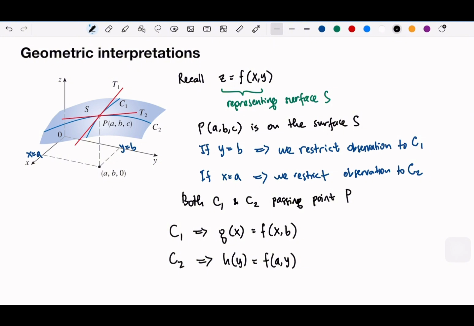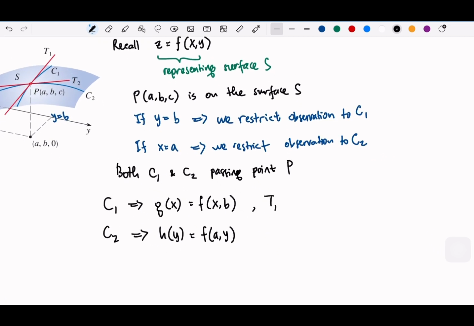So we can write that T1 is actually g prime, because our variable is only x. That will be differentiated, b is just a constant. So the tangent, or the derivative, will be g prime at the point a. Or we could write this in partial symbols. This is the partial derivative with respect to x at a, b. The same thing with T2.